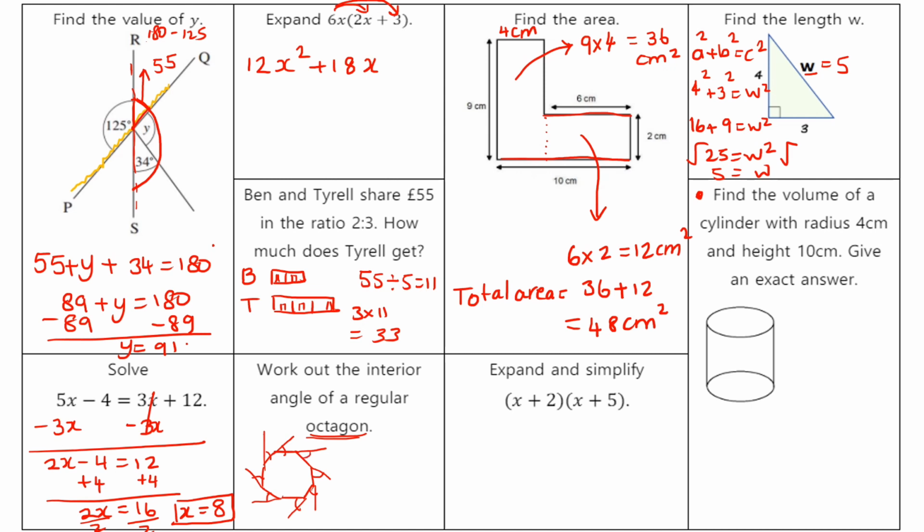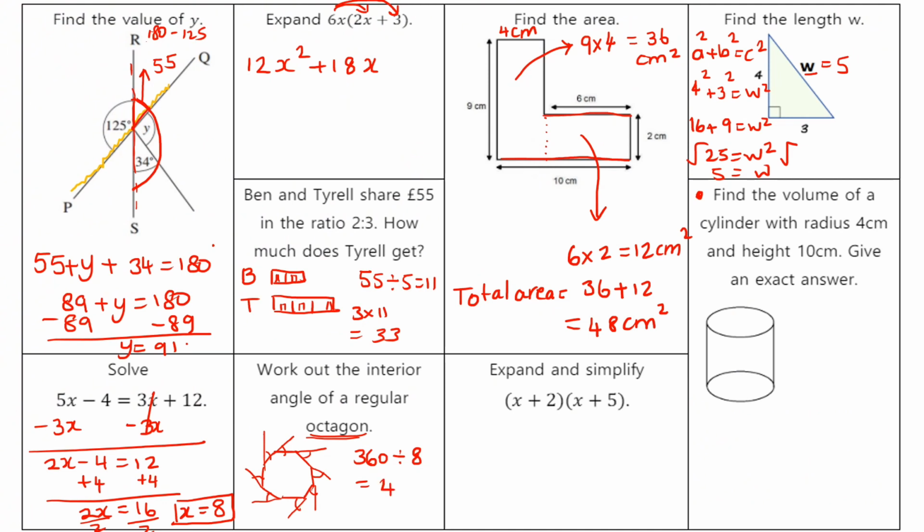And there are 8 of them. So if I do 360 and divide it into equal amounts, my aim is to be able to find out what the exterior angle is, and then from there, because exterior angle and the interior angle will create a straight line, I would be able to find out what the interior angle is.